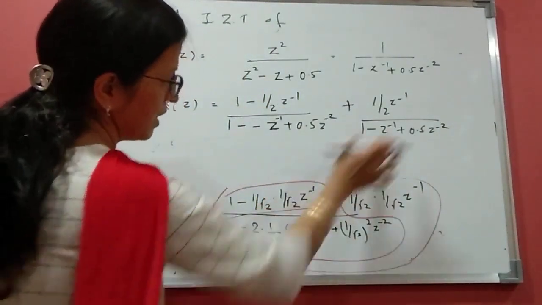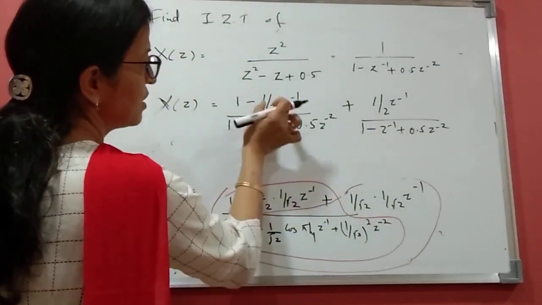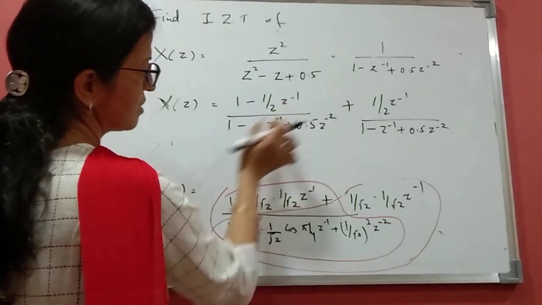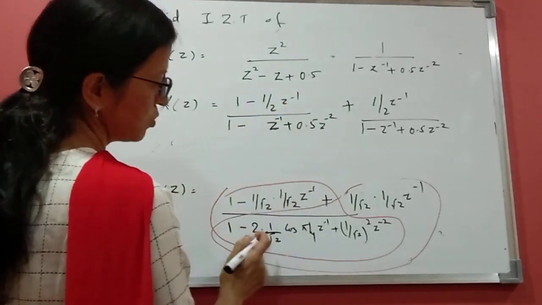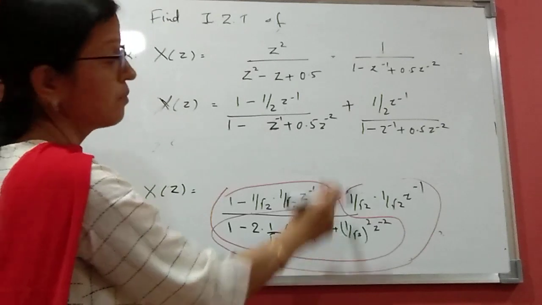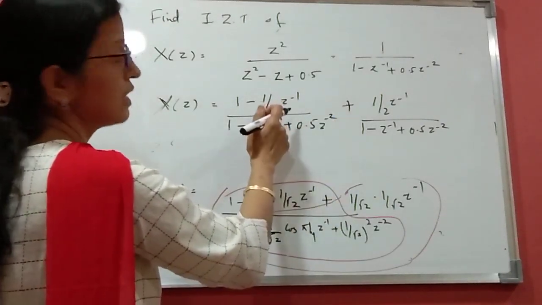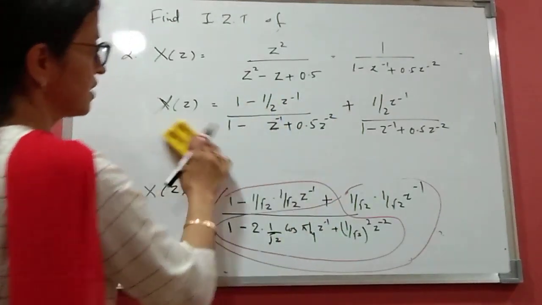This is the first part and this is the second part. The first is 1 minus a cos omega naught z raised to minus 1 upon 1 minus 2a cos omega naught z raised to minus 1 plus a squared z raised to minus 2. What is the inverse z transform of this?